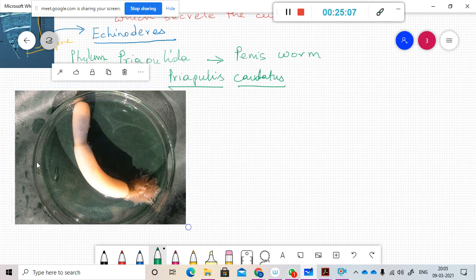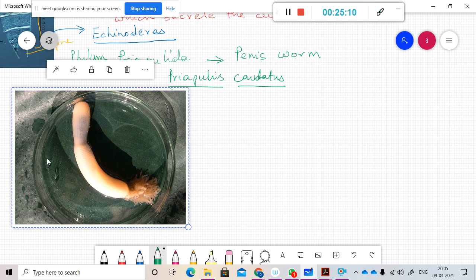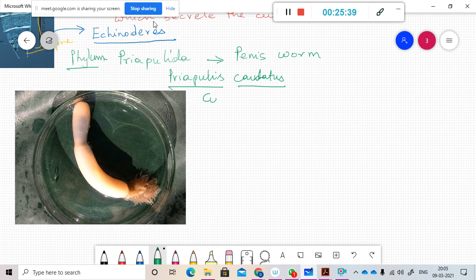This is a picture of Priapulida. So they are basically cylindrical.